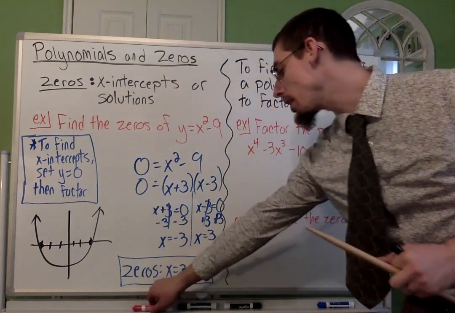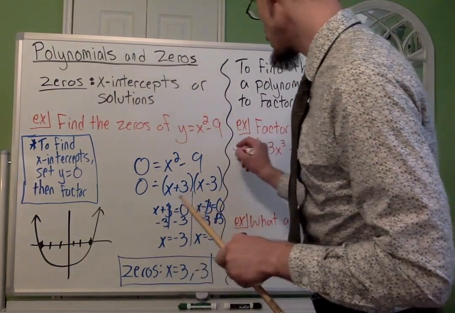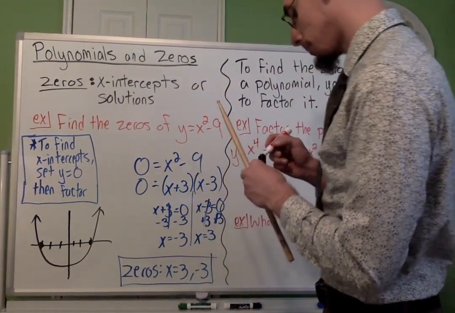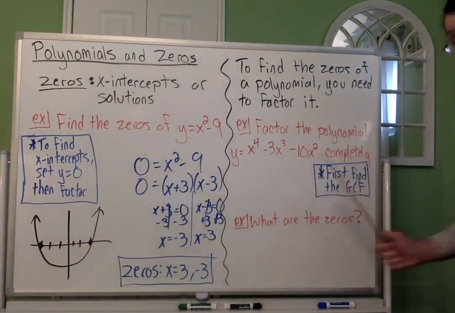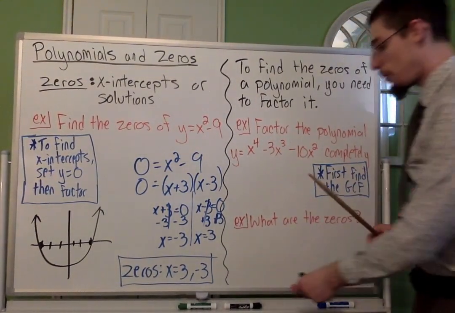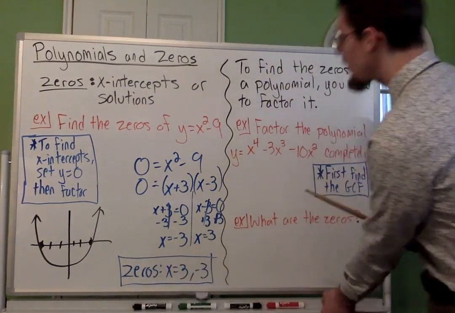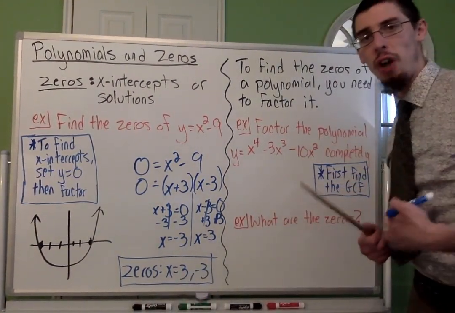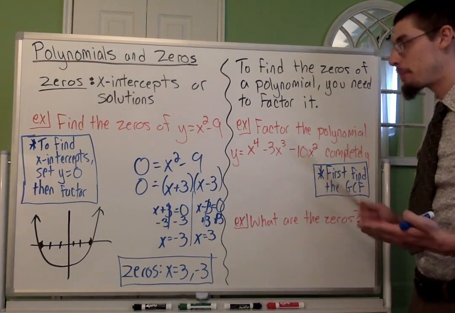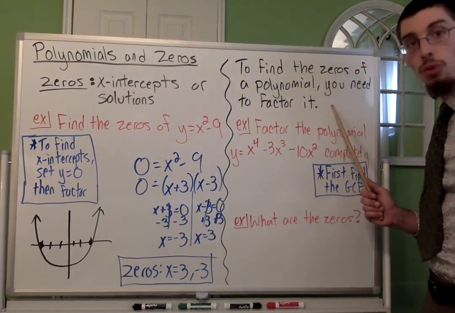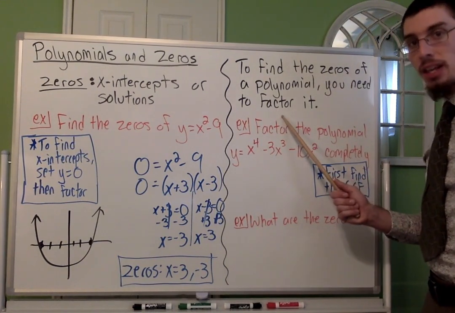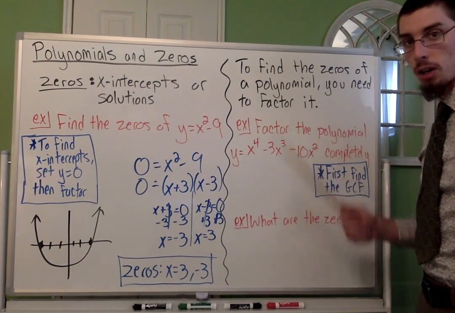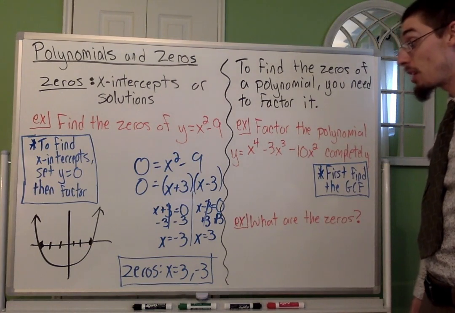So what we're going to do is we're going to look at this polynomial here. So, to find zeros of any polynomial function, you need to factor it, right? Again, factoring is a major part of this lesson.